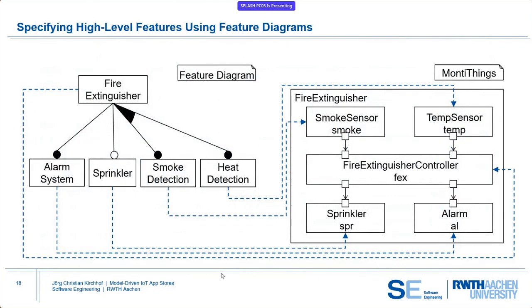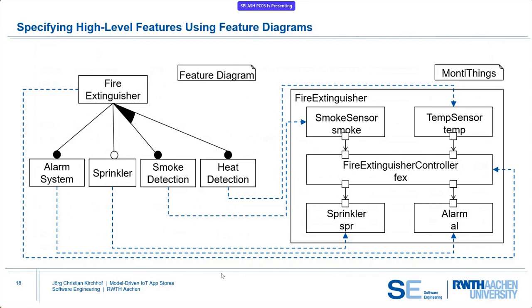As I said, we have the possibility to use feature diagrams, and those then tag the different components that they need. So in the end we can have more abstract features to present to the user, and not need to present the user the internal structures of our application, just to make it easier for them to understand.